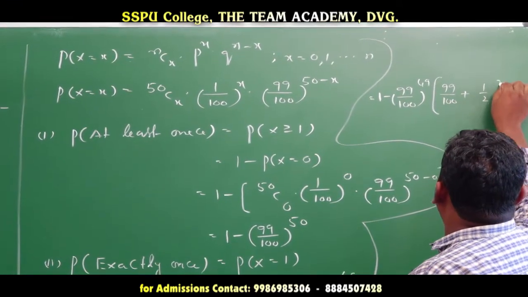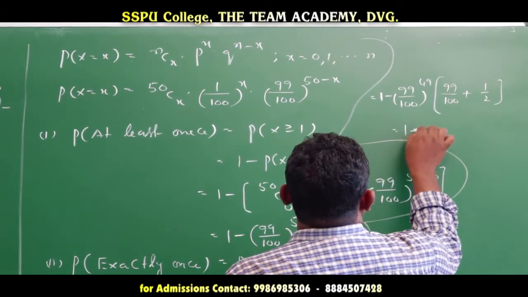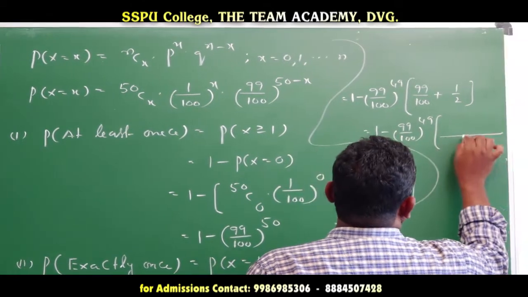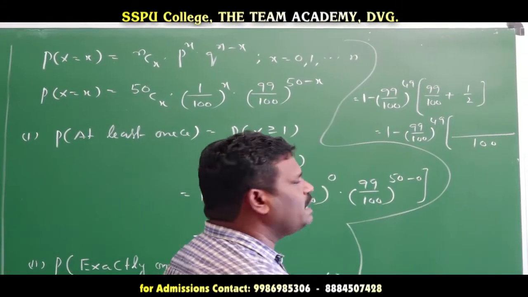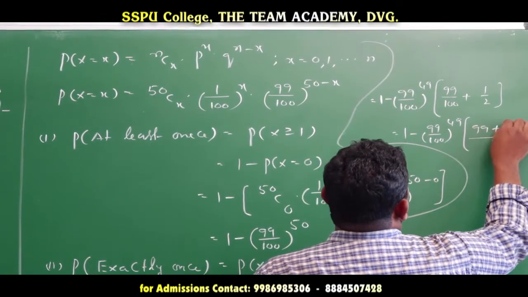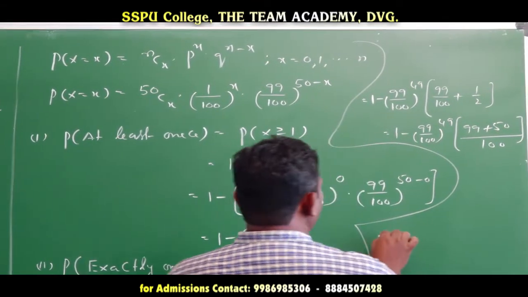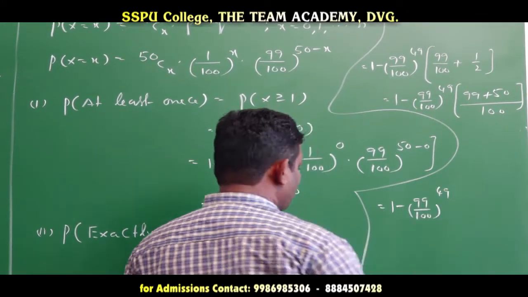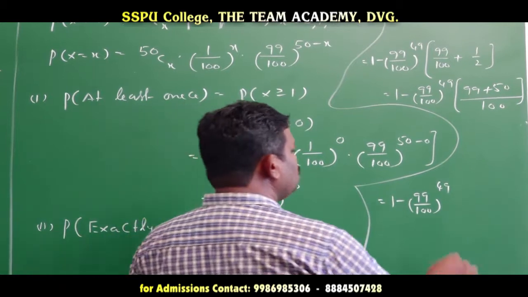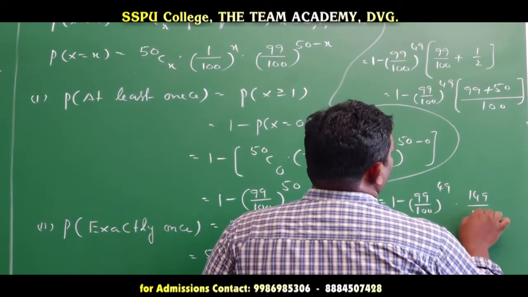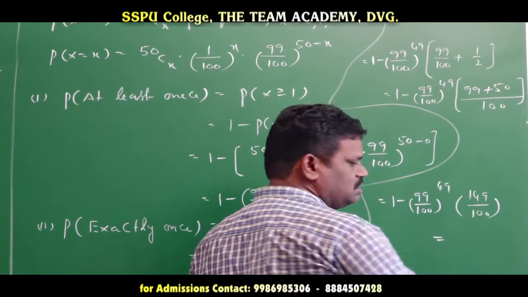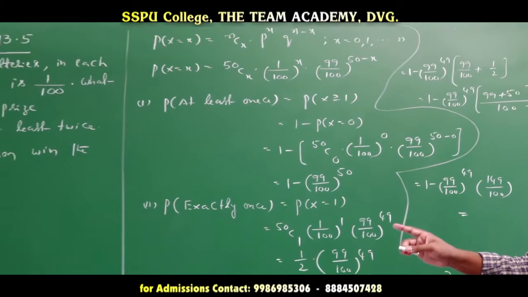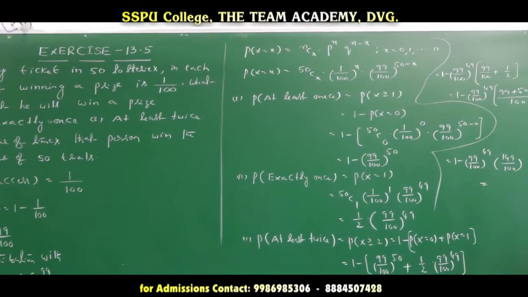Taking LCM 100, we get 99 plus 50, so the final answer is 1 minus 99 by 100 whole power 49 into 149 by 100. Okay? So these are the 3 cases of a person winning the lottery: at least once, exactly once, and at least twice.